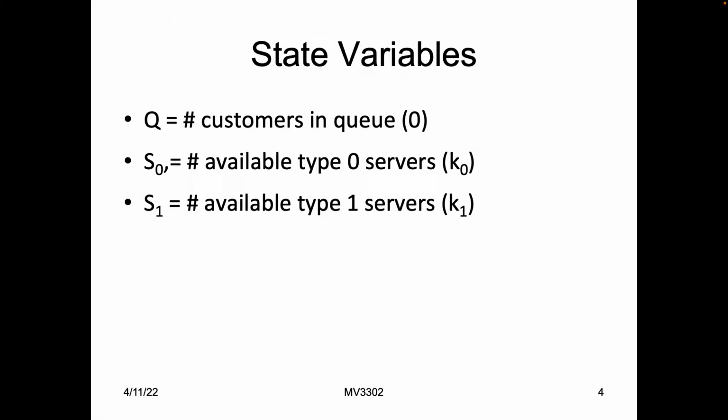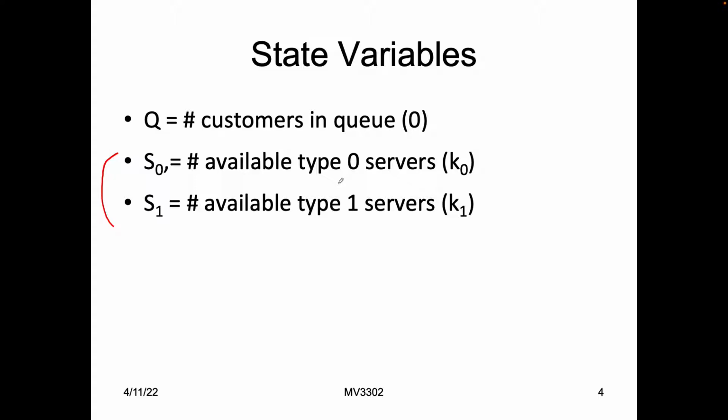Okay, now state variables. Again, since we only have one type of job, one type of customer, we only need a scalar for the customers in the queue, the number of customers. But now we need two different state variables for the number of available servers of either type 1 or type 0.